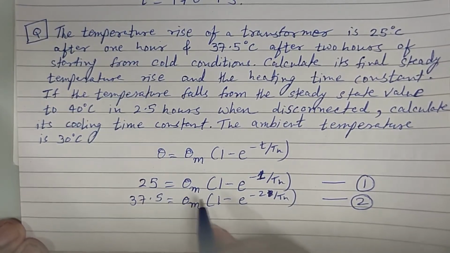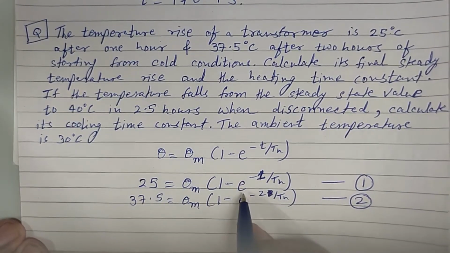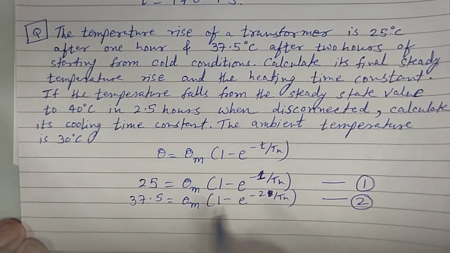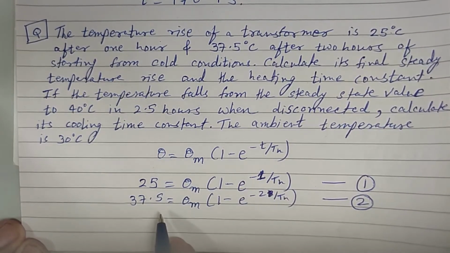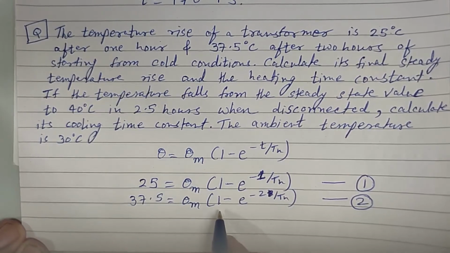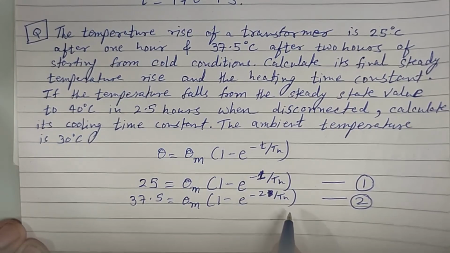So from the given data we can make two equations. 25 is equal to theta m into 1 minus e raised to minus 1 upon th, and 37.5 is equal to theta m into 1 minus e raised to minus 2 upon th.